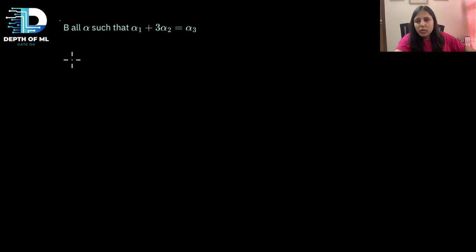Okay, so I have all the alpha vectors such that alpha 1 plus 3 alpha 2 is equal to alpha 3. So suppose you have alpha 1 here, alpha 2 here, then here you have alpha 1 plus 3 alpha 2.